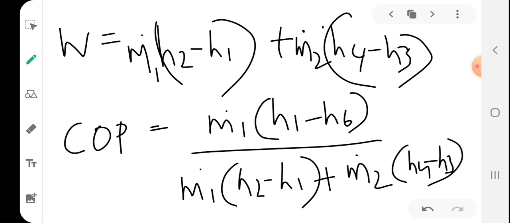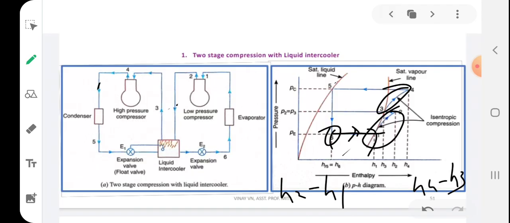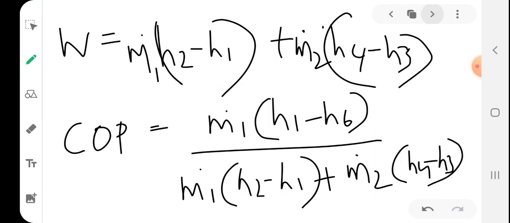Okay, so h6 can be written as hf5, right? Because h6 is the same, the value of enthalpy is same as that of hf5 because this is an isenthalpic process. So you can substitute here with hf5.